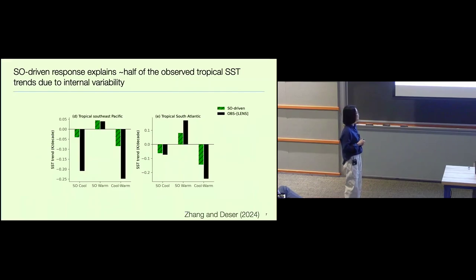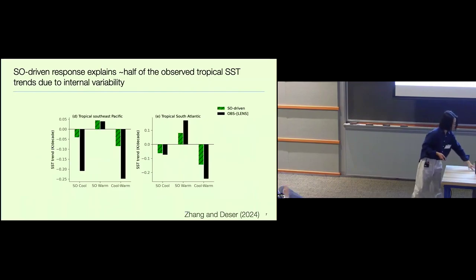Here it's showing both the cool and warm period, and I also calculated the trend difference between the periods, and that is allowing us to beat down the noise further to get more statistically significant results.